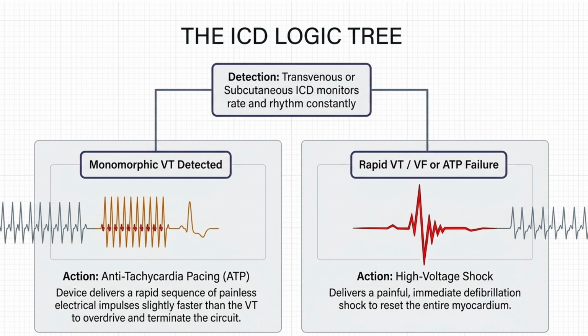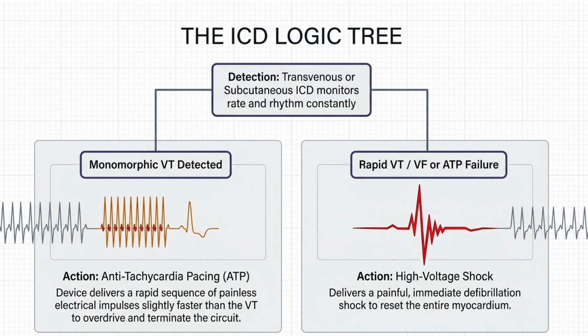The ICD logic tree. First we have detection: the transvenous or subcutaneous ICD monitors rate and rhythm constantly. It can detect monomorphic VT, rapid VT, VF, or ATP failure.